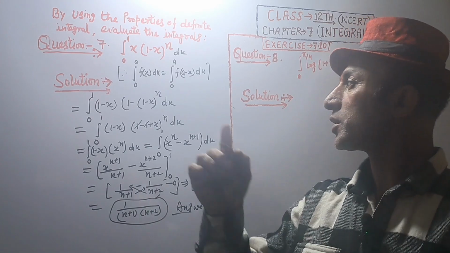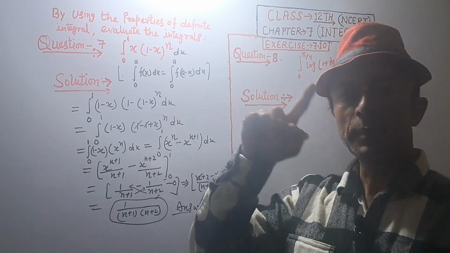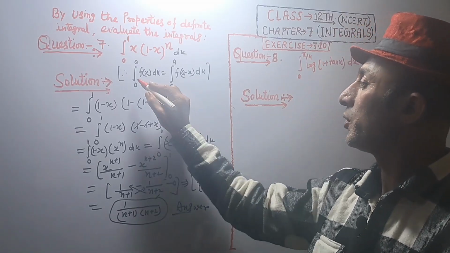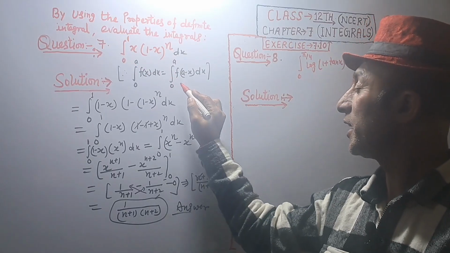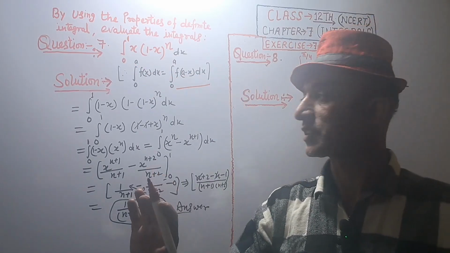Answer. Once again, the question is integral 0 to 1 of x into (1 minus x) raised to power n dx. We are using the property, the formula: integral 0 to a of f(x) dx is equal to integral 0 to a of f(a minus x) dx.